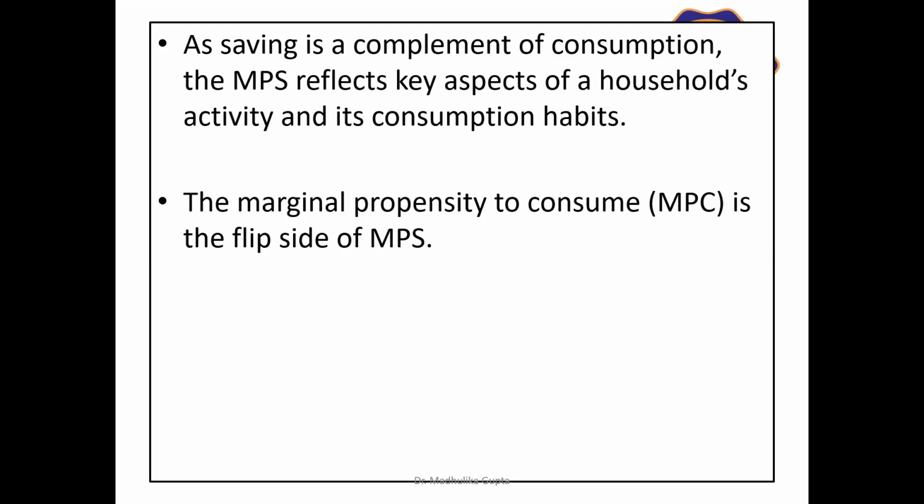The MPC is the flip side of MPS. MPC helps to quantify the relationship between income and consumption. MPC is the proportion of each extra rupee of a household income that is consumed or spent. For example, if the MPC is 45%, out of each additional rupee earned, 45 paisa is spent.